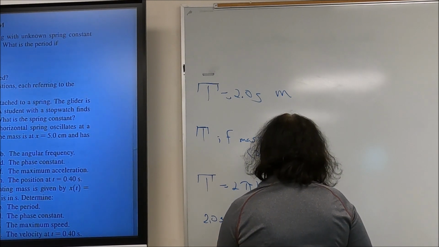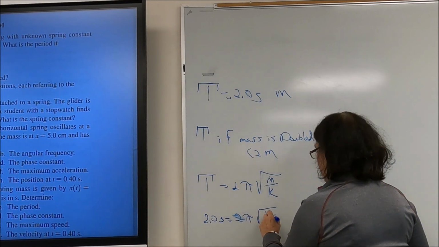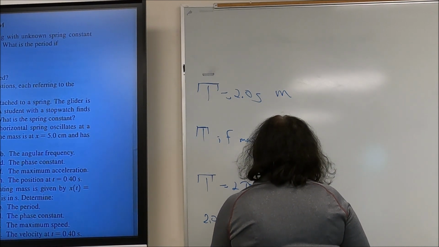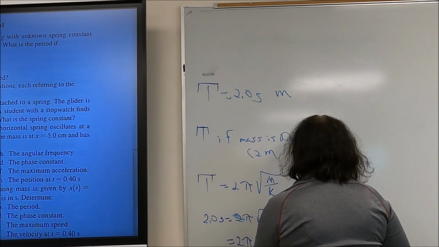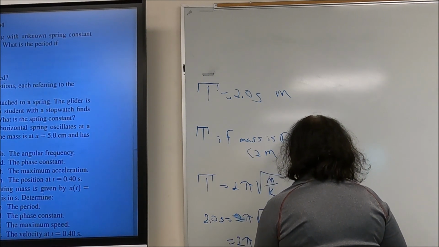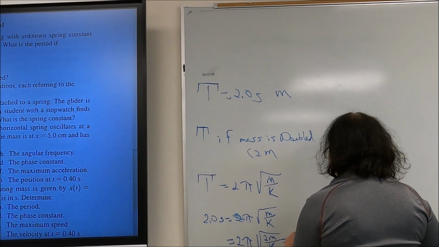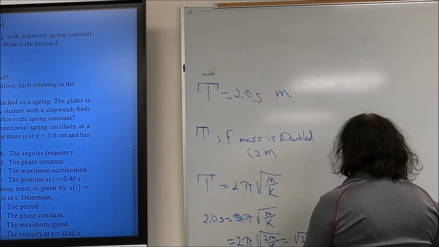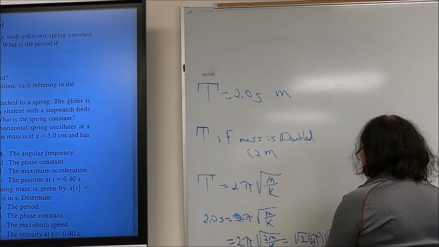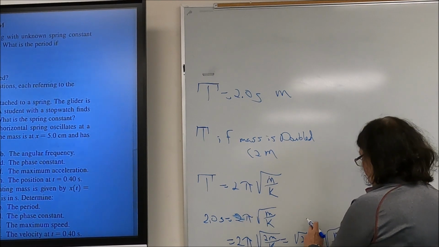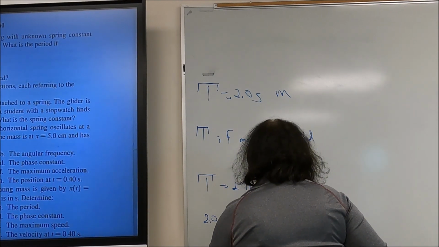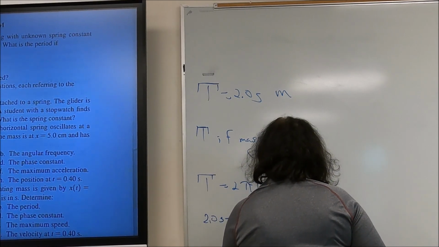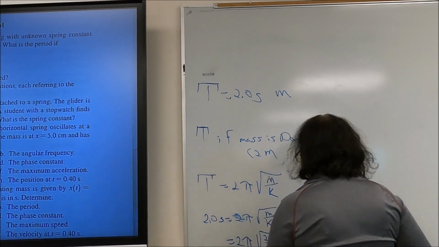So I want to know 2 pi times the square root of 2m over k, which I can pull the square root of 2 out. I have the square root of 2 times 2 pi times the square root of m over k, and I know that all of this is 2 seconds, so our period T2 is equal to the square root of 2 times 2 seconds.